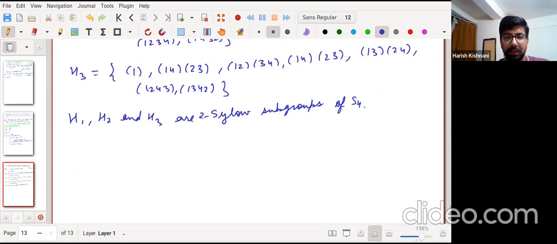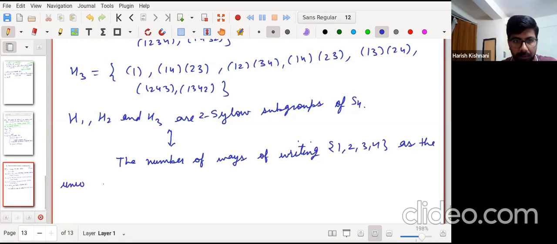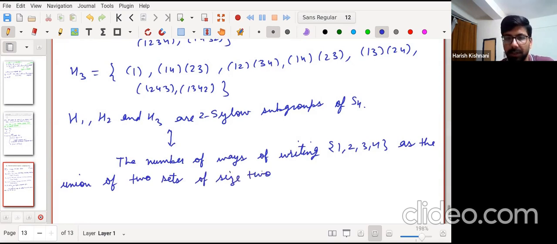They are in one-one correspondence with the number of ways of writing your indexing set 1, 2, 3, 4 as the union of two sets of size 2. Okay, so they are in one-one correspondence to each other.